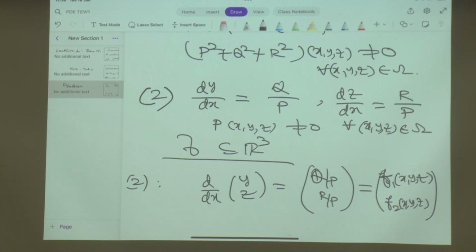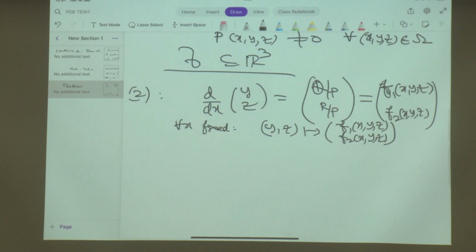Therefore, in y and z variables, they are actually locally Lipschitz functions. So for each fixed x, in terms of yz, any smooth function is always locally Lipschitz. So we don't have to check those conditions thanks to the mean value theorem of one variable, two variables, depending on the context.